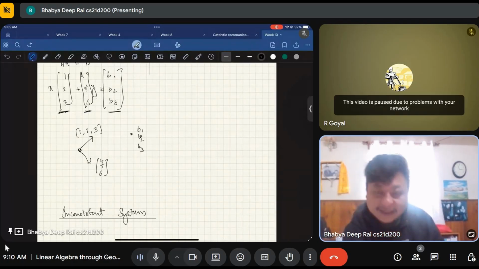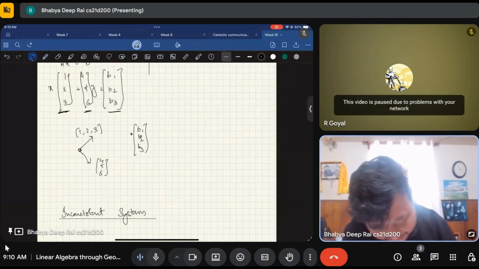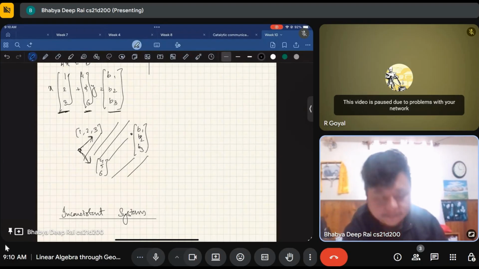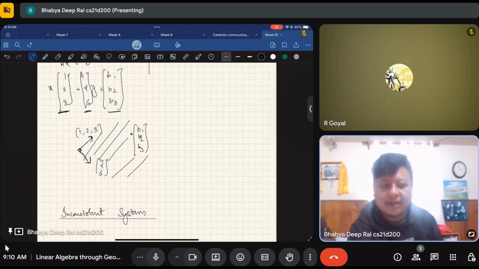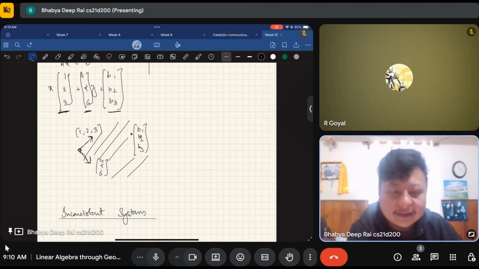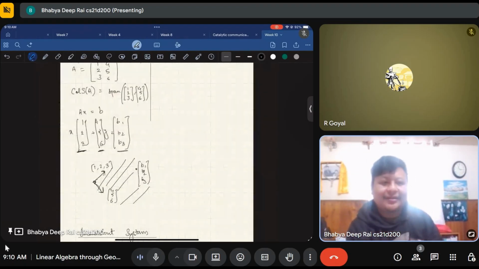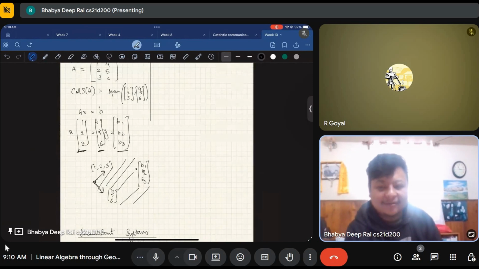I'm asking whether b1, b2, b3 lies in the plane which is spanned by the vectors 1, 2, 3, and 4, 5, 6 or not. And if it lies on the plane, what is the means to get to it? What is the linear combination? So in this regard, we are talking about column space the whole time, right?